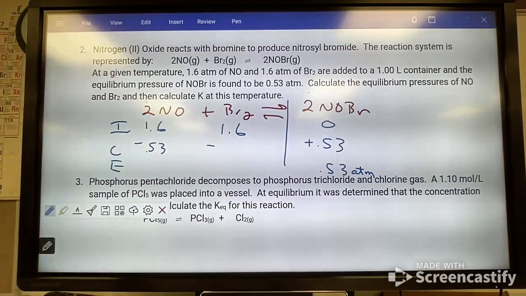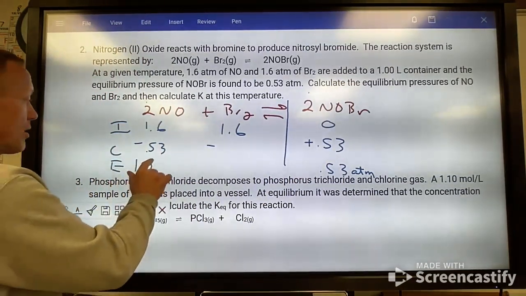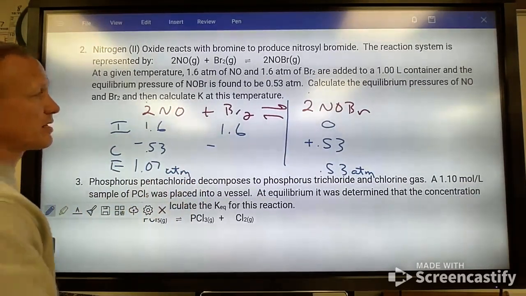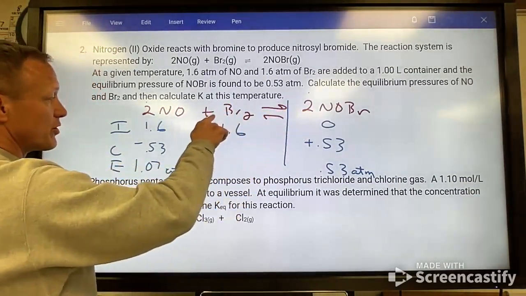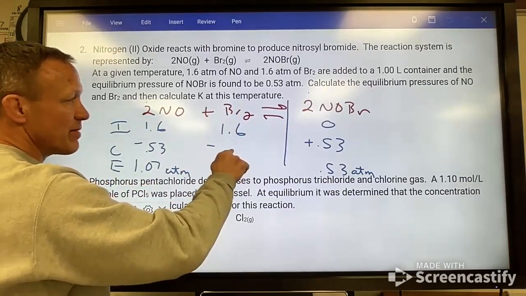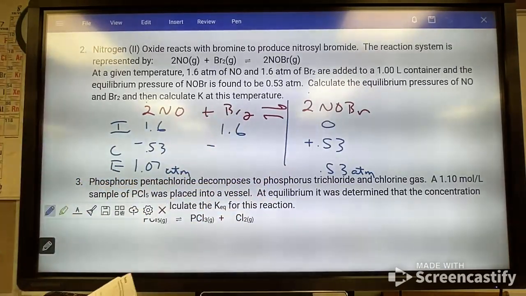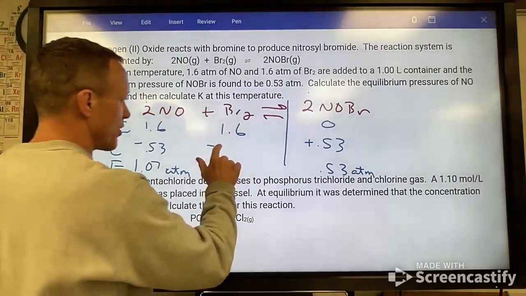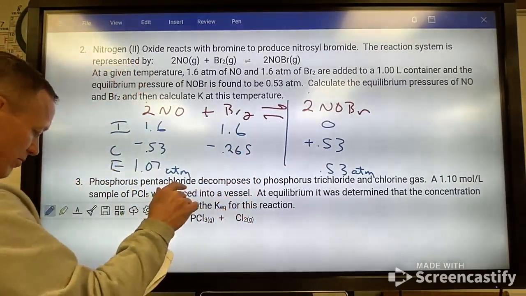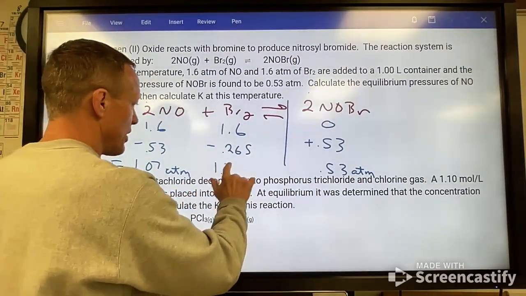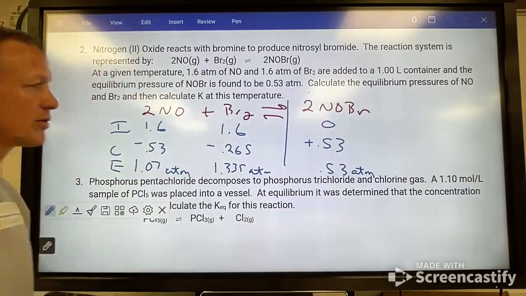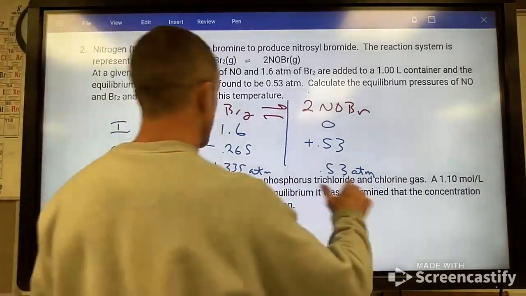So at equilibrium, this one is 1.07 atmospheres. But this is a 2 to 1 ratio, so the change is going to be half what that was. So this is going down by 0.265, and at equilibrium, it would be 1.335 atmospheres.